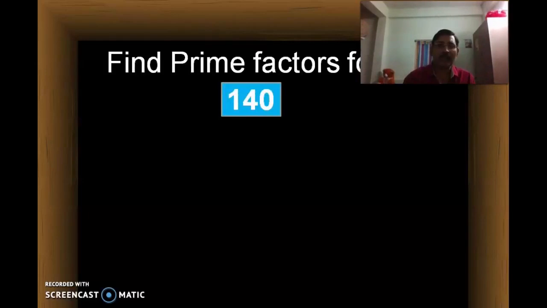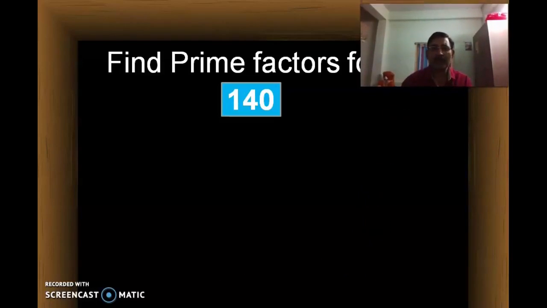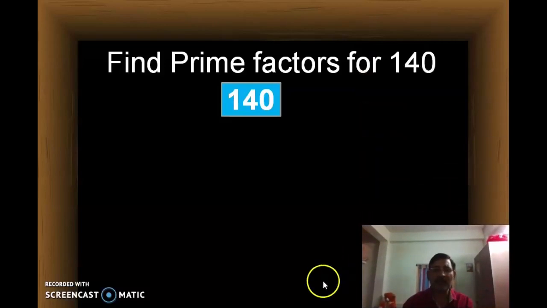Now let us see the prime factorization of some numbers. For example, find the prime factors of 140. How can we find the prime factors of 140?